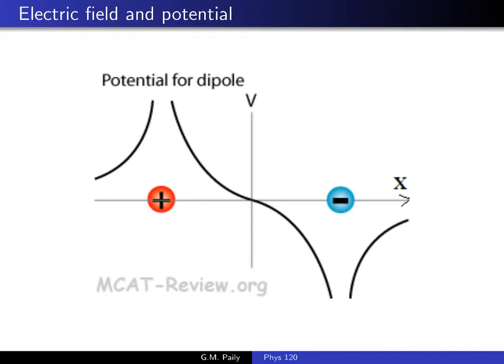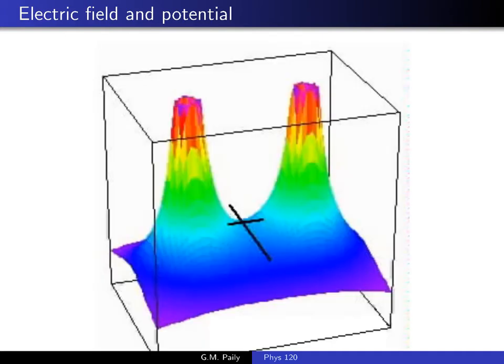So we can think of it this way, that the electric field is the negative slope of the potential. At this point, the height of the graph is zero, but its slope is not. So the potential is zero, but the electric field is not. Similarly, between two positive charges, we see that the slope is zero in between, but the height is not.